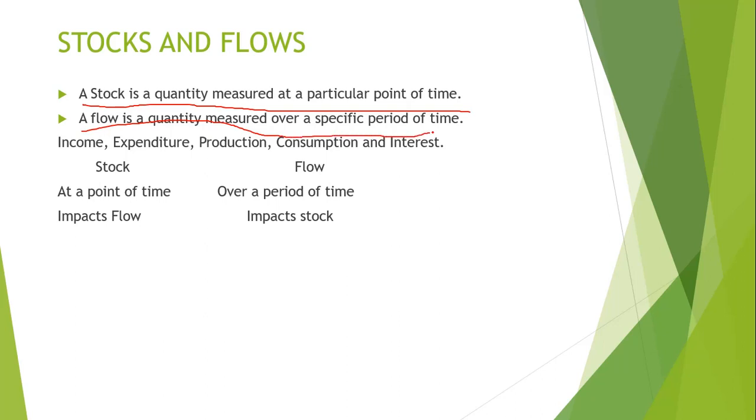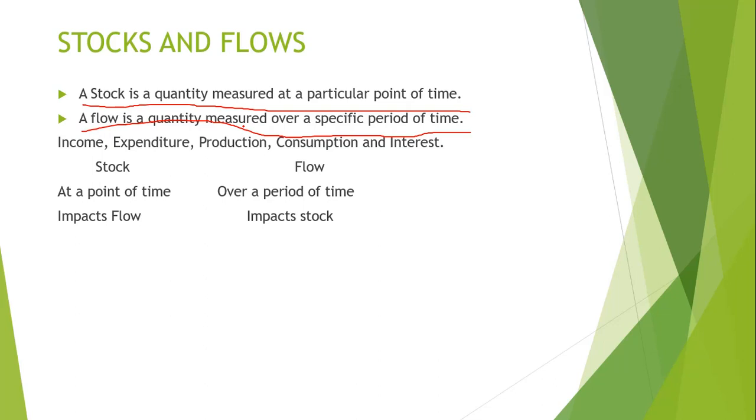Suppose you receive a salary over a month. After a month of hard work, you receive your salary. That is over a specific period of time. A flow is a quantity measured over a specific period of time. You are given a certain amount of money, for example the wages.